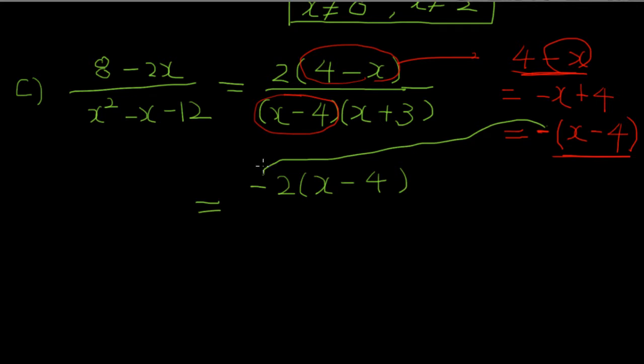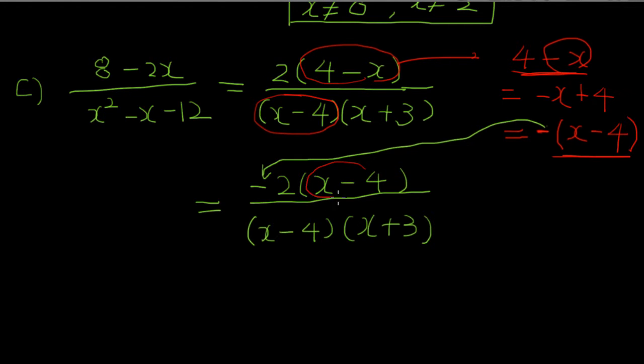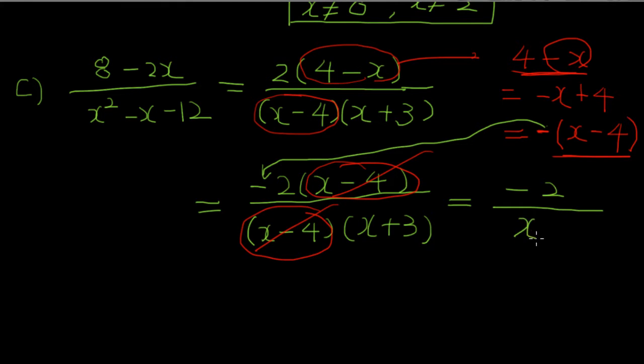That goes here, over x minus 4, x plus 3, just like that. Now you notice that we have the same x minus 4 on both, so we can cancel these two. Then we have negative 2 on the top, and on the bottom we have x plus 3.